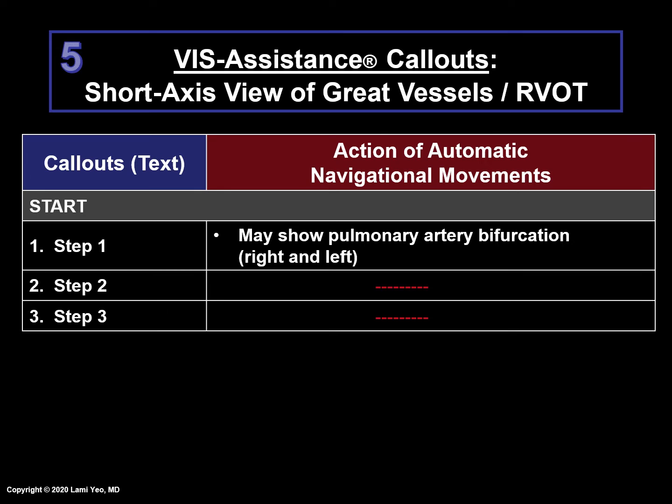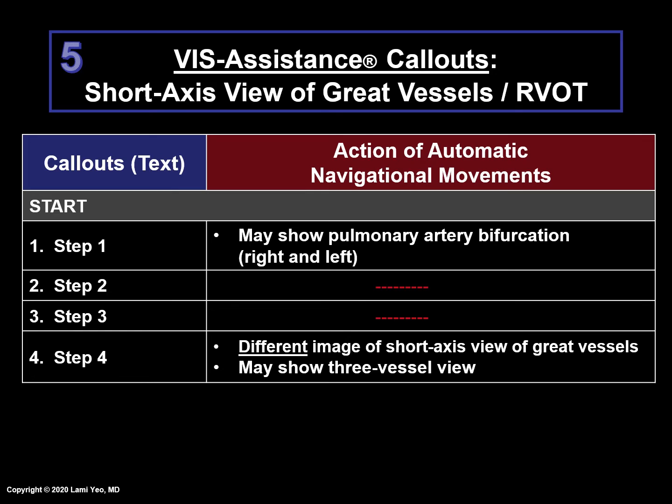The next 2 callouts are labeled step 2 and step 3 and are generalized in nature. They are designed to show the anatomical structures described previously and/or improve the success of obtaining the short axis view of the great vessel's right ventricular outflow tract.